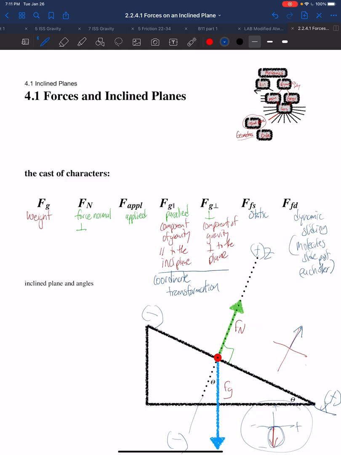So this is the cast of characters. We should know all their symbols, and we should think every time we're dealing with an inclined plane, we need our entire cast of characters. We need the entire cast.